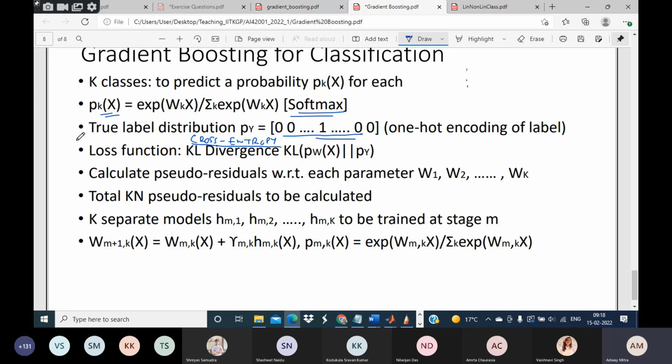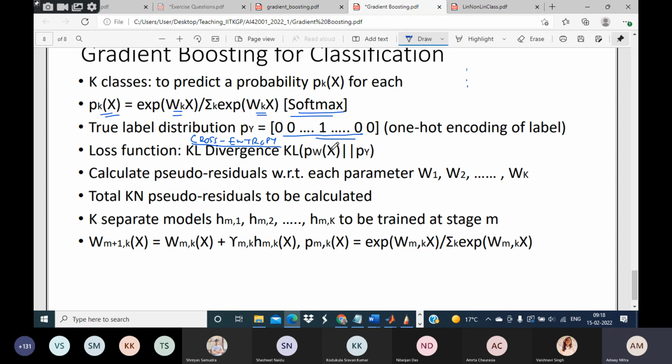Okay. The only thing is that in this case, for every class, you will need something like this WK. Because there are k classes, you will define the probability of that particular class in this type of way, WKX. So if there are k classes, there will be WK things like this.